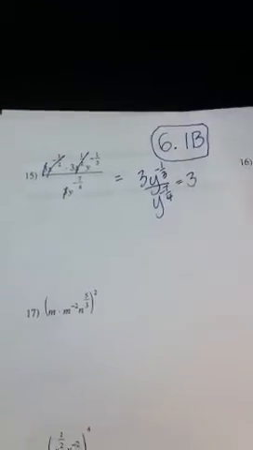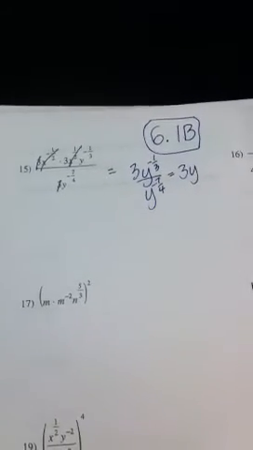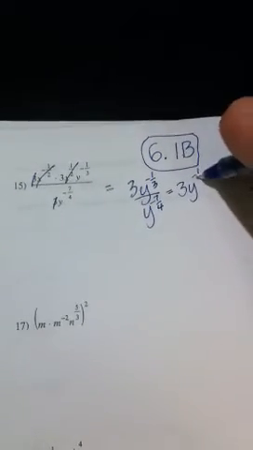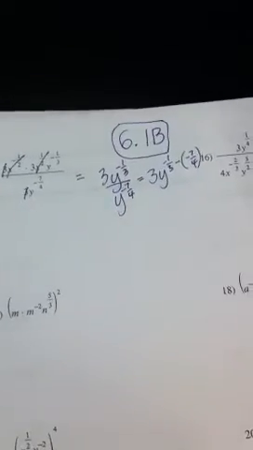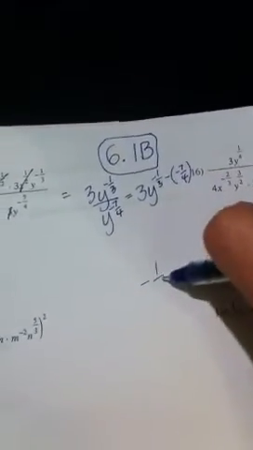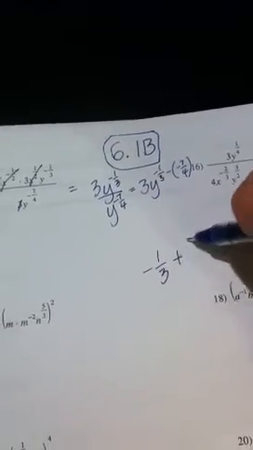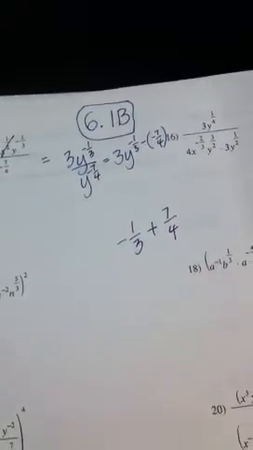So that 3 is going to stay where it is. The base of y is going to stay where it is. And now I'm doing negative 1/3 minus negative 7/4. I have to do that somewhere else. Minus negative becomes plus.